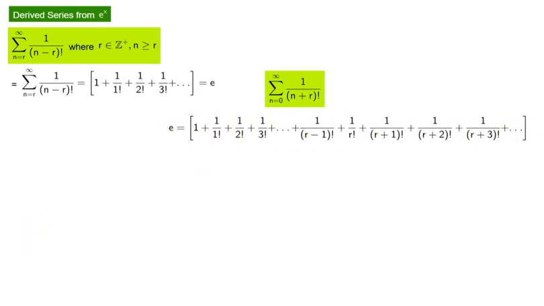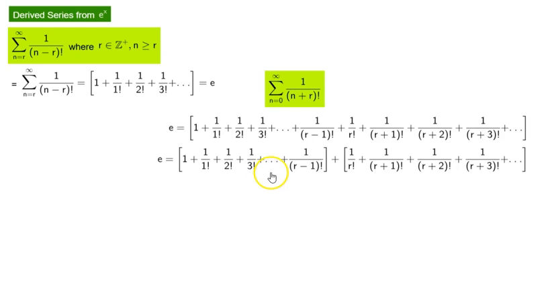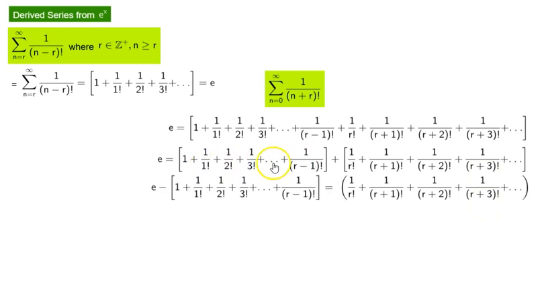Now here we are going to split it into two. The finite series up to 1 by r minus 1 factorial. And the rest we will take as the tail series. And this finite series of initial terms, we take it to the other side. So we end up with e minus these initial terms is equal to the tail. By the way, this tail is nothing but 1 by n plus r factorial.